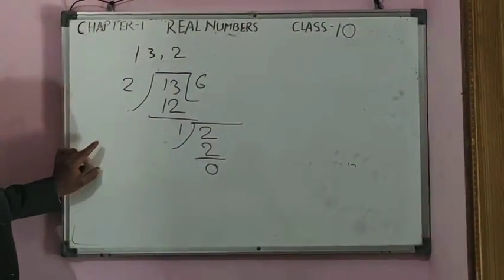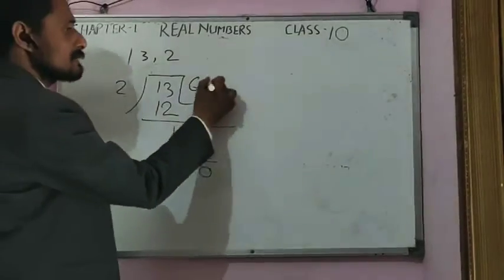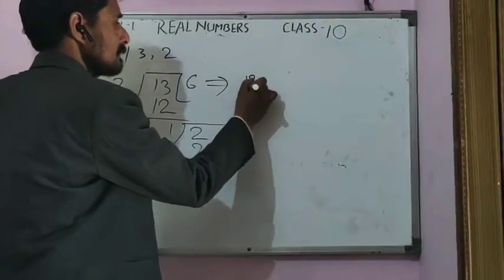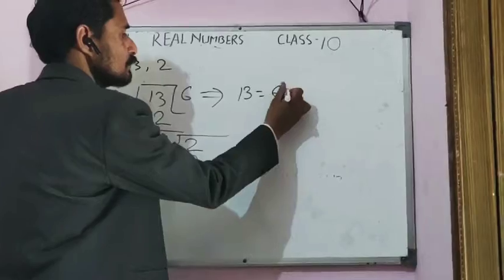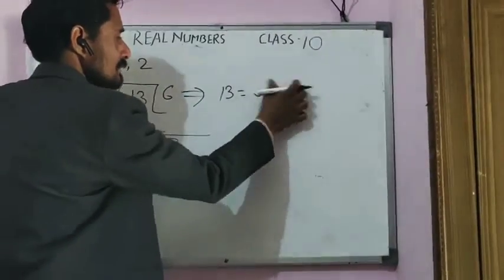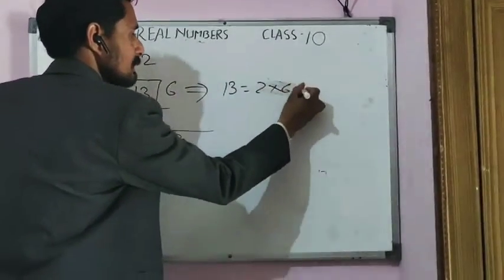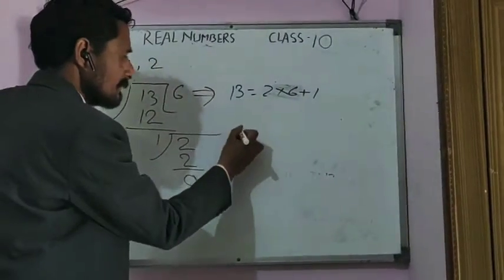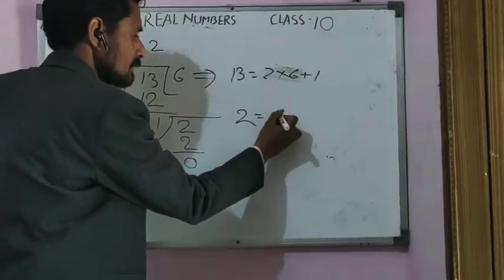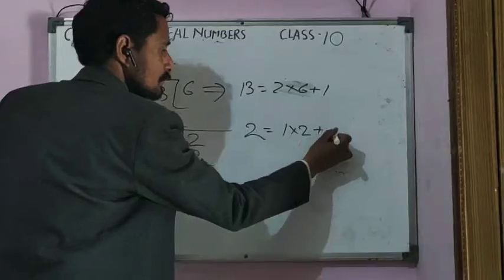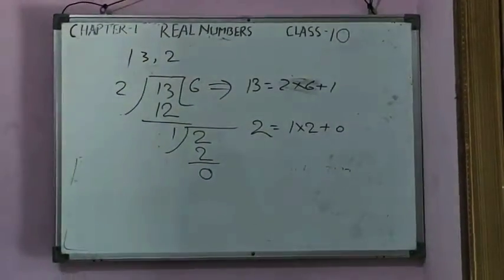So these divisions can be expressed in the form of 13 is equal to 2 into 6 plus 1, and 2 can be expressed in the form of 1 into 2 plus 0. In this case we have the remainder as 0.